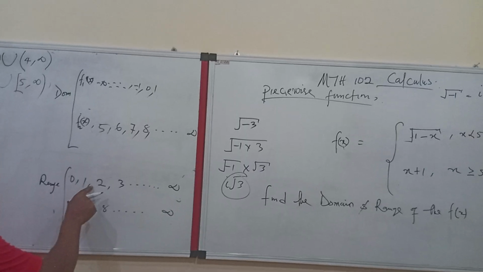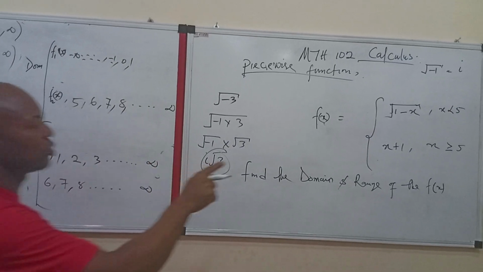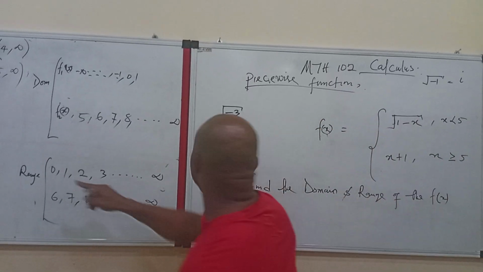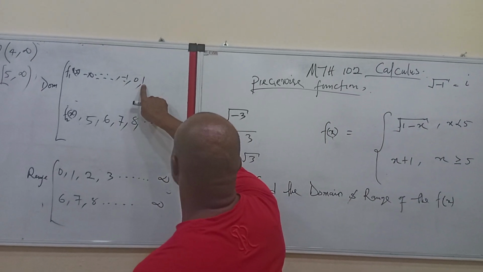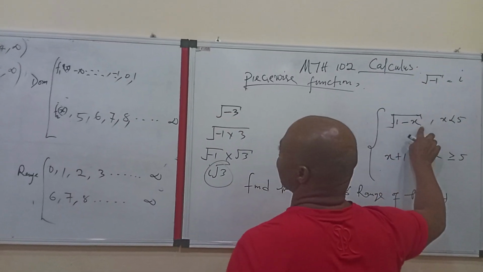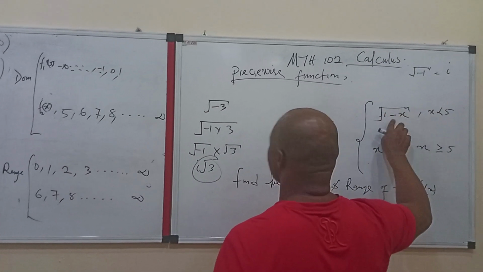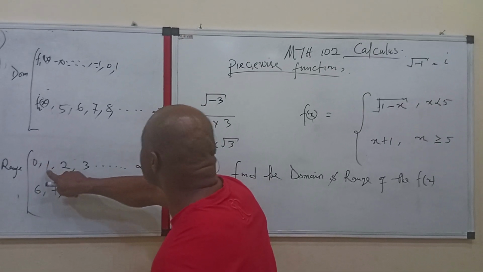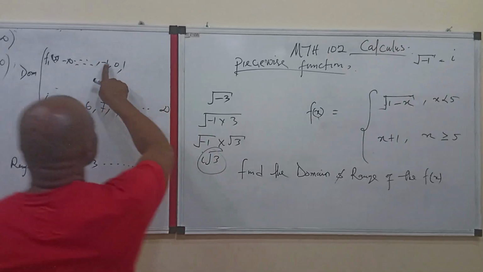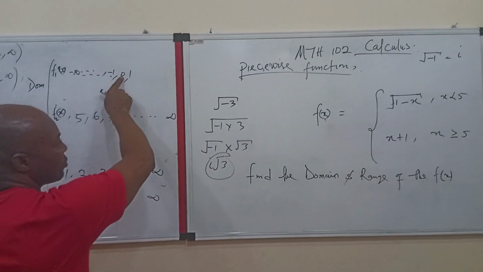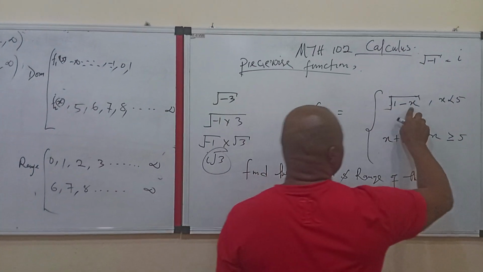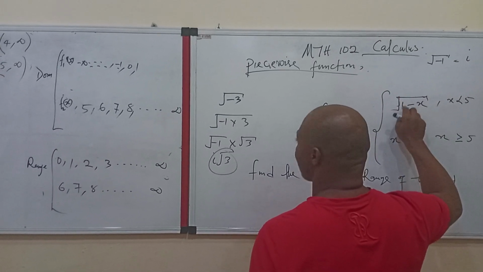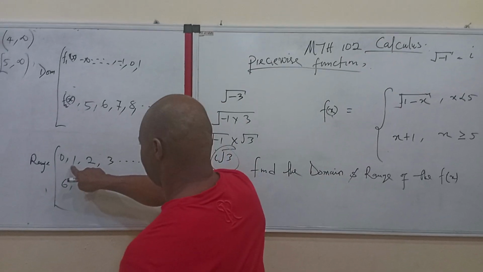Now this other one, I forgot to show on the square root part. Now when you put 1, 1 minus 1 will give you 0. Square root of 0 na 0. Now it be this one. Now this one, why we get this one now? If we put 0, 1 minus 0 na 1. Square root of 1 na this one.